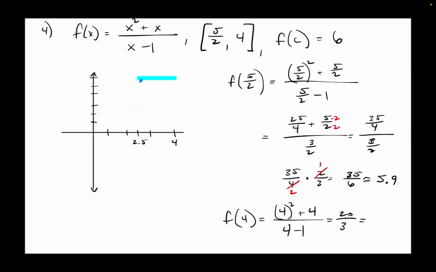That's like 6.6, 6.7. Definitely over 6. That's the main thing, because if it's over 6, that means it's on the other side of the blue line.